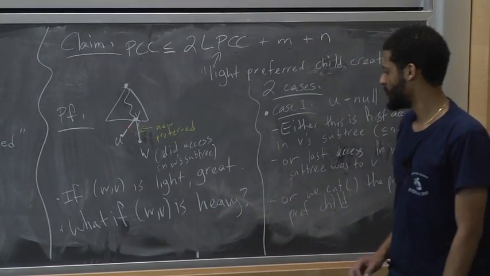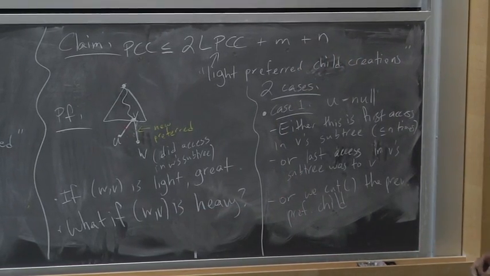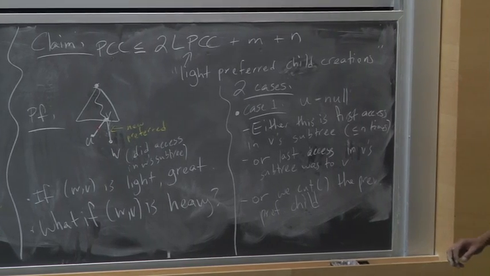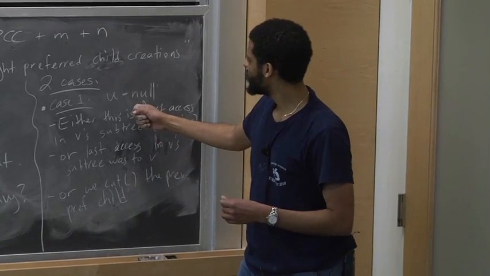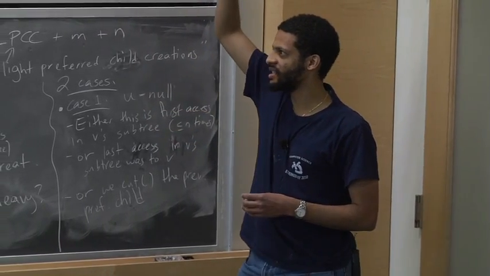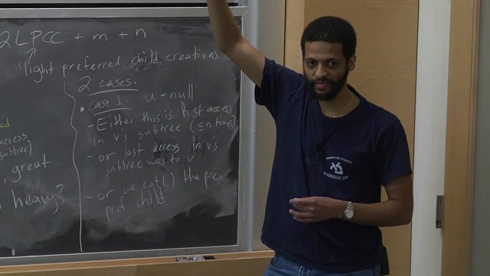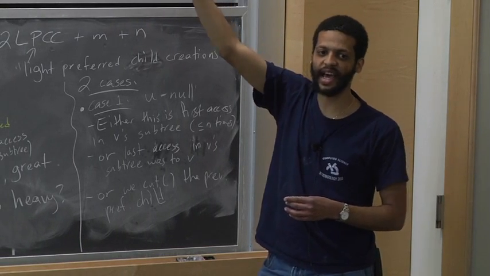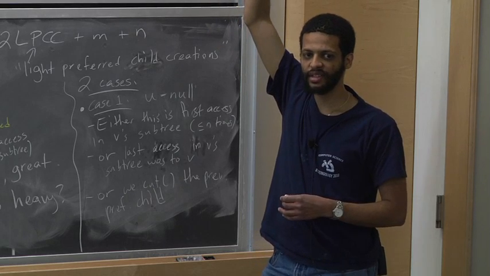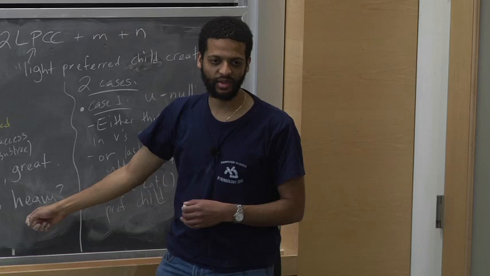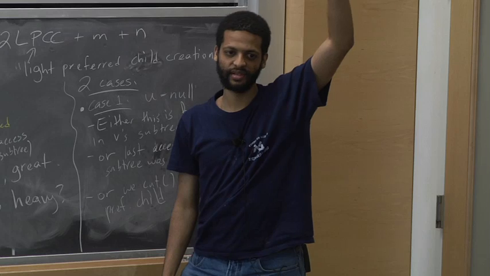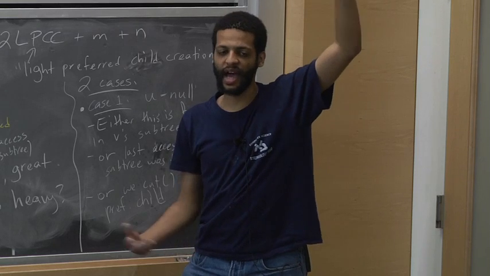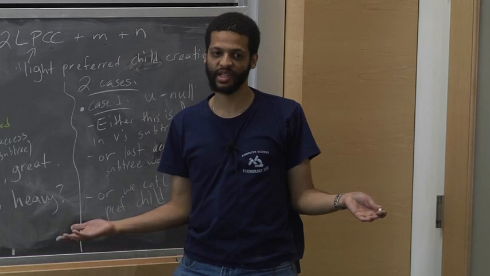And what I'm saying is, if we're creating a heavy preferred edge, and our parent doesn't already have a preferred child, because its last access was to V itself, then we'll charge this heavy edge creation to that last access to V. And each access will only be charged at most once in this way.